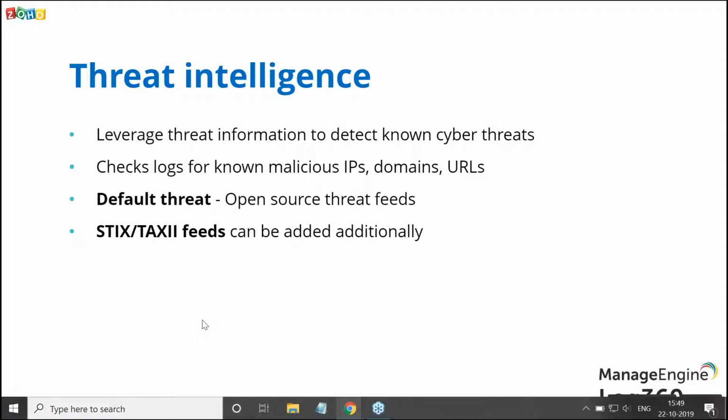Most of the reliable threat feeds today are based on these protocols, right? Another cool thing that Log 360 allows you to do is add any other threat feeds which you may be subscribed to into the product, so that it immediately integrates that threat feed within the threat intelligence module, and starts checking for threats within your network based on that threat feed's information as well.